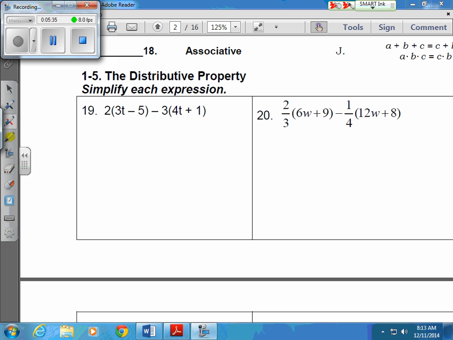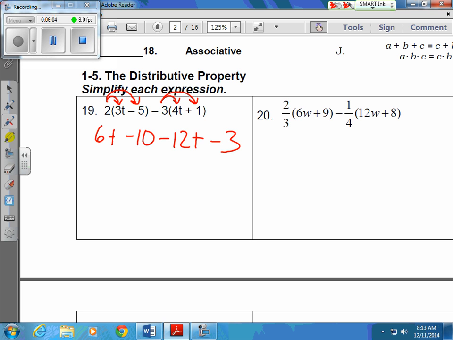So when you distribute 2 times 3t minus 5, you've got to multiply the 3t times 2, you get 6t, and multiply the negative 5 times 2, and you get negative 10. Then over here, you take the negative with it when you multiply. Negative 3 times 4t is a negative 12t, and then negative 3 times a positive 1 would be minus 3.